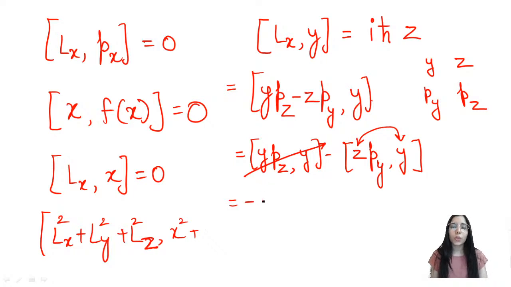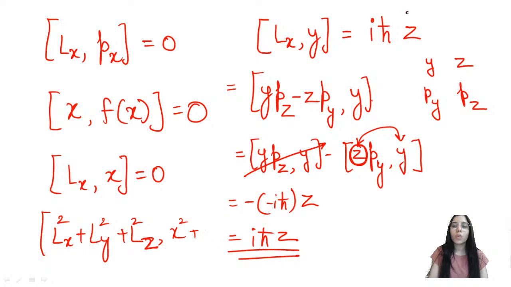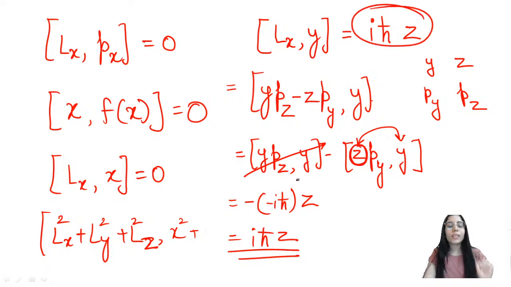So what we are going to get? Minus iħ and z. Because z was not giving any value with y. So the final answer is iħ Lz. That's how you get this answer. Done? By using these simple steps of commutator bracket, you can get the answer for any such commutator bracket question. Done?